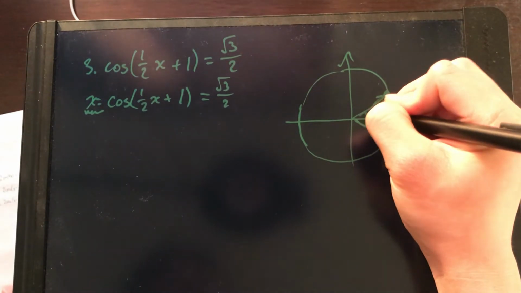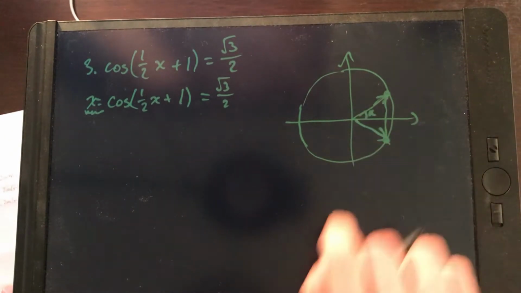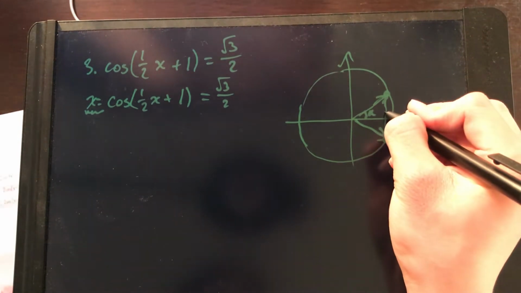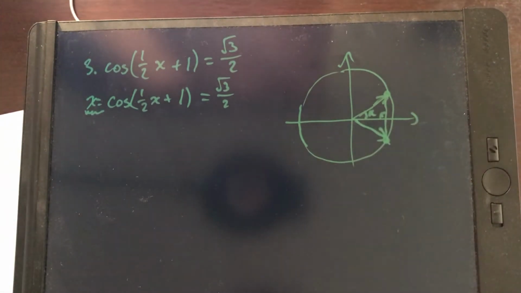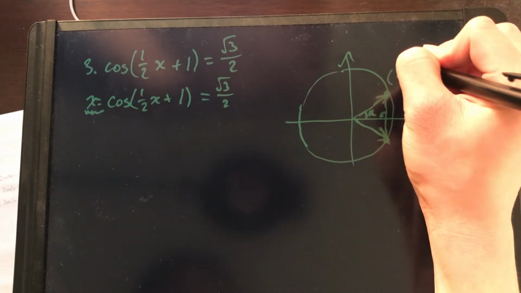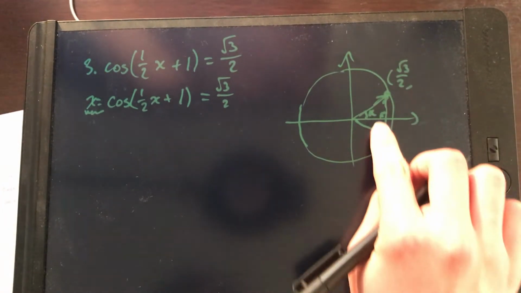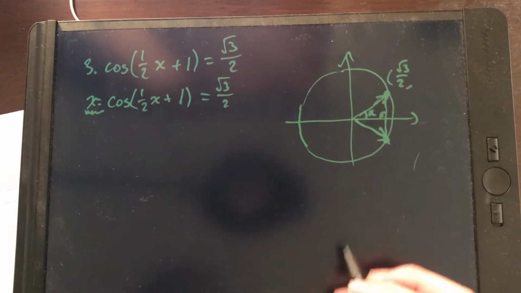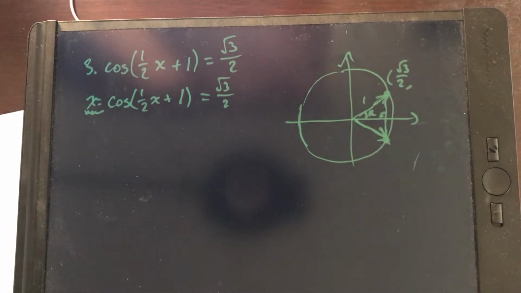So, our reference angle, note that the reference triangles are actually the same, so you only really need to draw one. Gives us this. The x-coordinate is going to be square root 3 over 2, and the y-coordinate actually doesn't matter. But we do know the hypotenuse is 1.